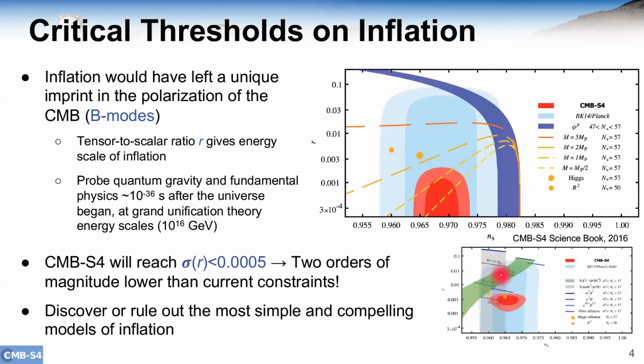So if that's the true inflationary model, we'll be able to pull it off of zero. We'll be able to detect the gravitational waves, and we'll be able to constrain it fairly well as well. So CMB-S4 is aiming to reach an uncertainty of 5 × 10⁻⁴, quite a bit lower than current constraints. And this is done by dramatically increasing the instrumentation, the number of detectors, up to 500,000 detectors.